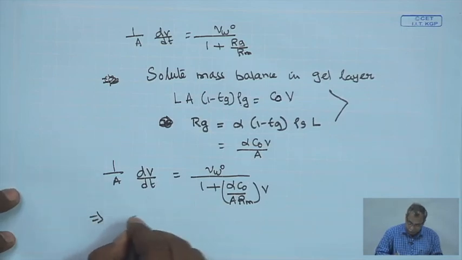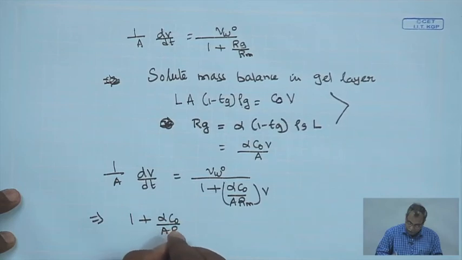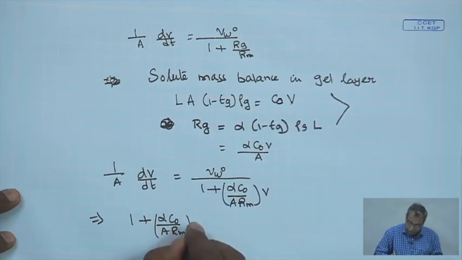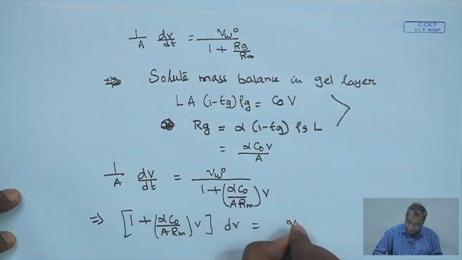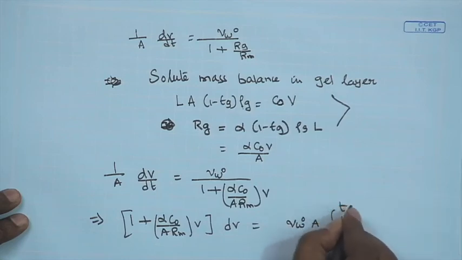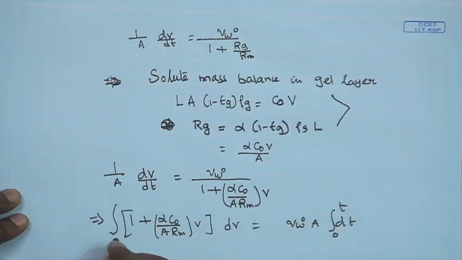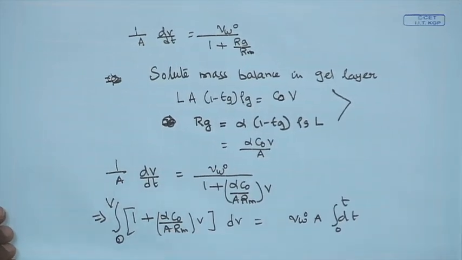So, it will be 1 plus α C_0 divided by A R_m times V, dV is equal to V_w0 A dt. This will be integrated from 0 to t, and on the left hand side from 0 to V. So, let us write down what we get after the integration.